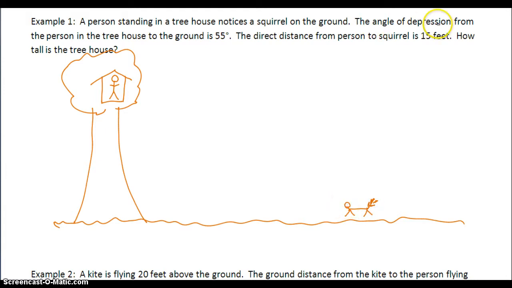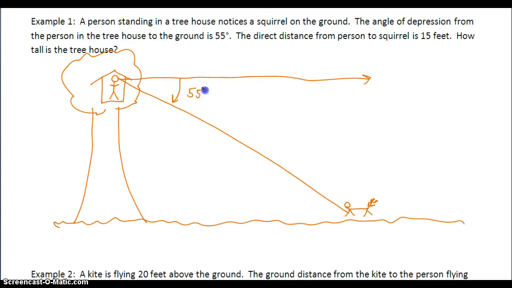The angle of depression from the person in the treehouse to the ground is 55 degrees. So the angle of depression is the angle created by the line parallel with the ground and the line of sight to the object below, to the ground. So the angle of depression is this angle right here, 55 degrees.